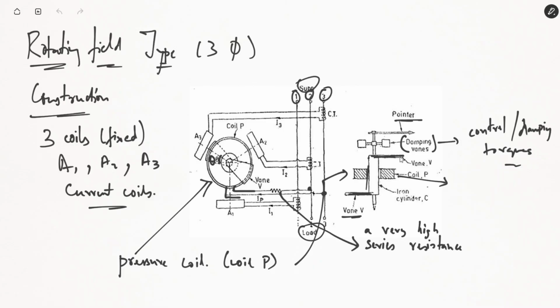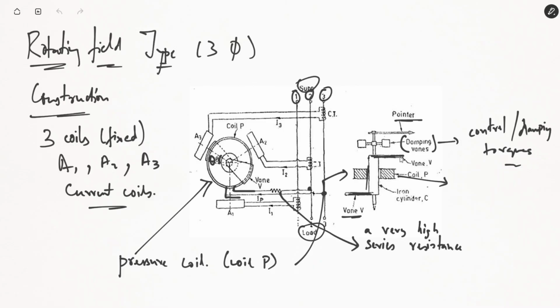Okay, so the principle is simple. You have current coils and a moving coil. There are three current coils and one pressure coil, and the three current coils will produce a rotating magnetic field that will cause the rotation of the vanes connected to the iron cylinder.